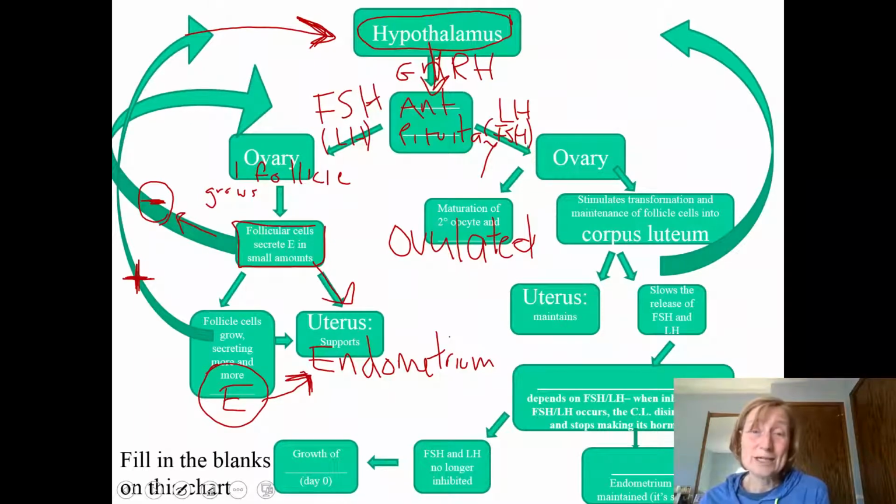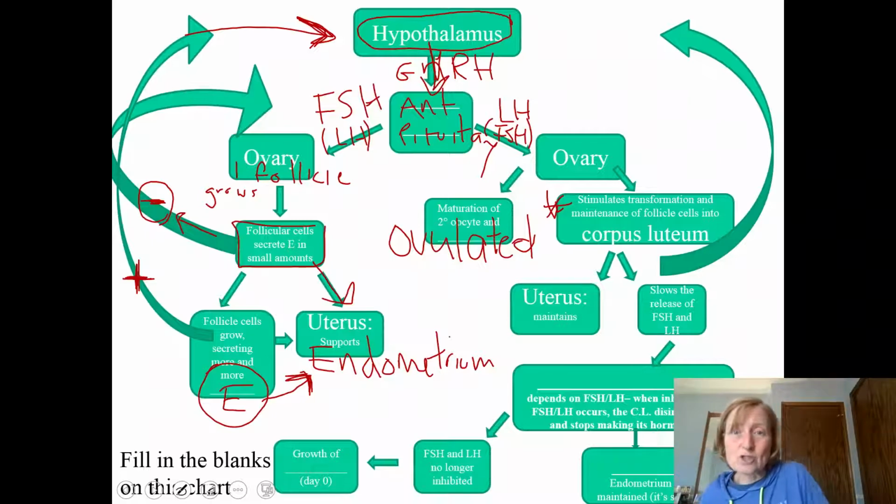What luteinizing hormone does is at the ovary it stimulates the transformation and maintenance of the follicle cells into the gland called the corpus luteum. Remember that after the egg is ovulated, those follicle cells left behind become their own gland and start making their own hormones?